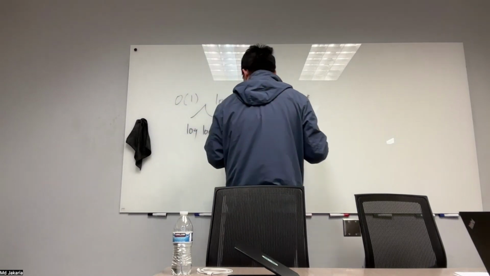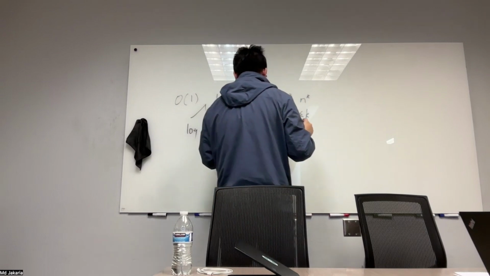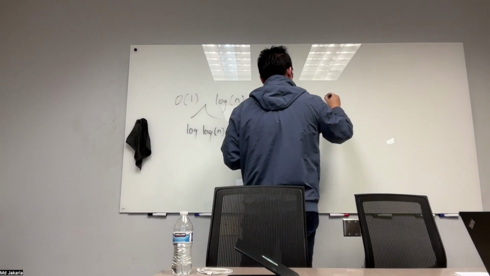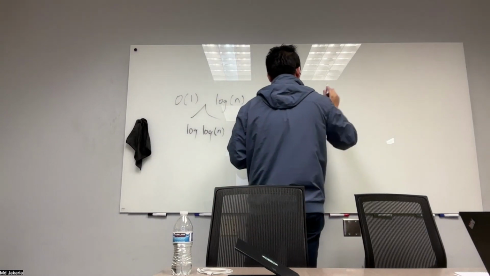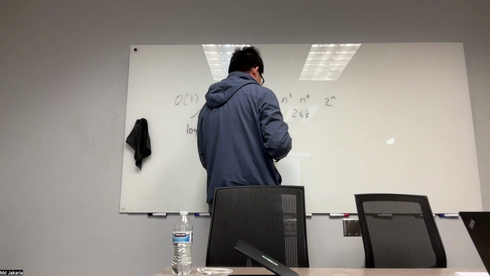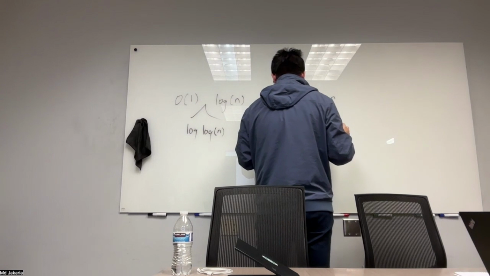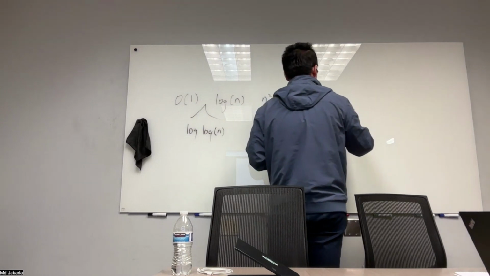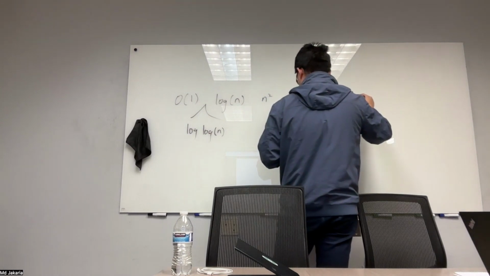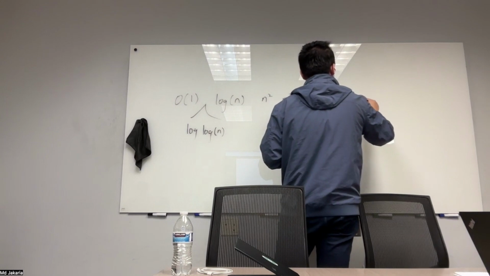And then the next ones that you are likely going to see are exponential, and then the next are factorials.